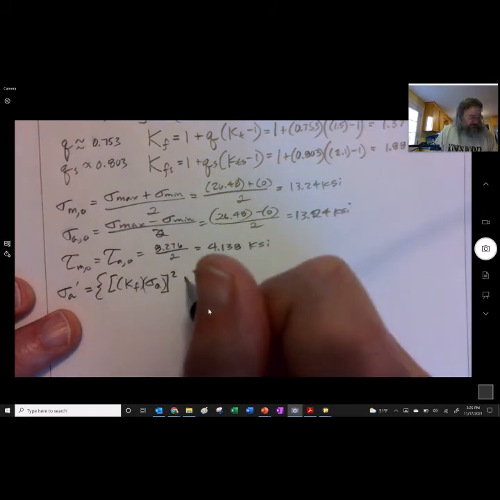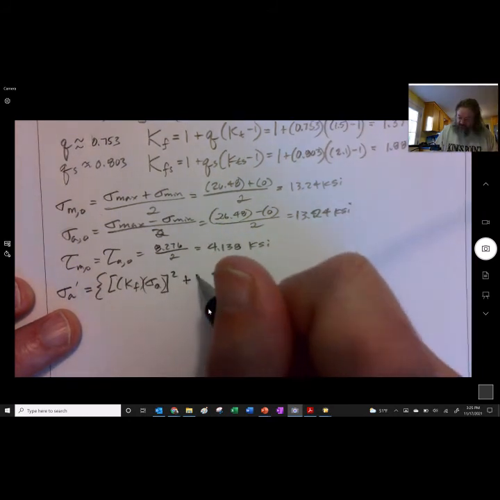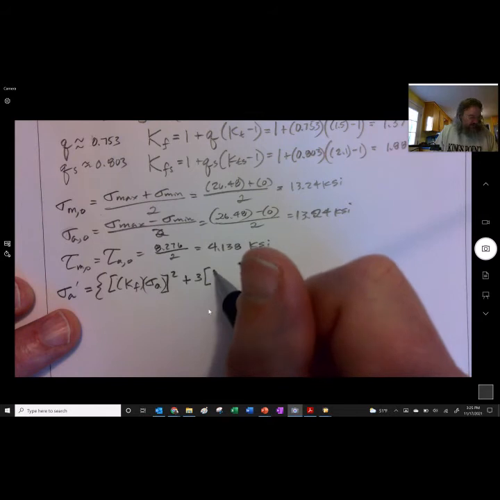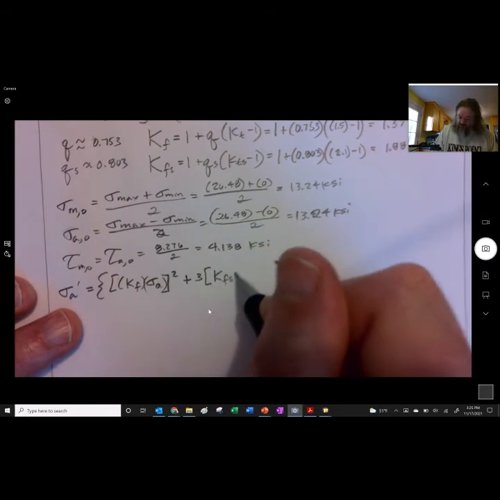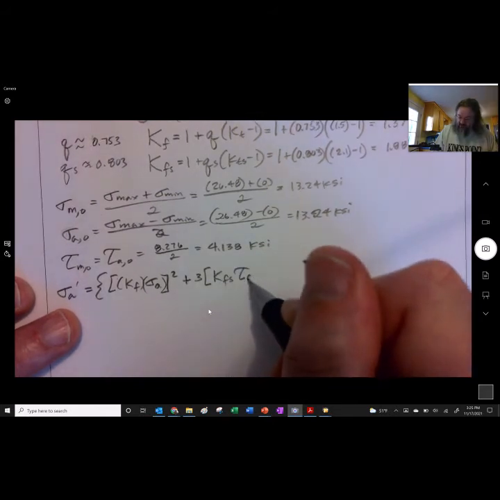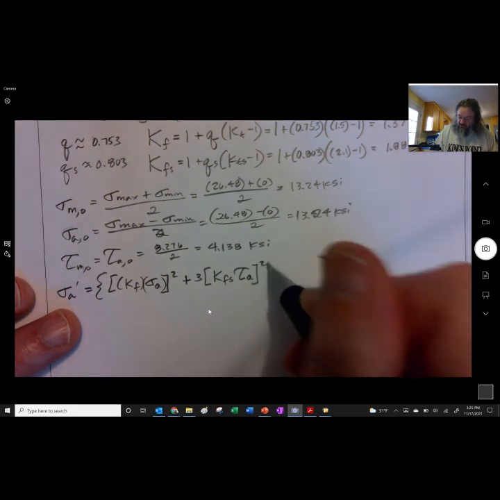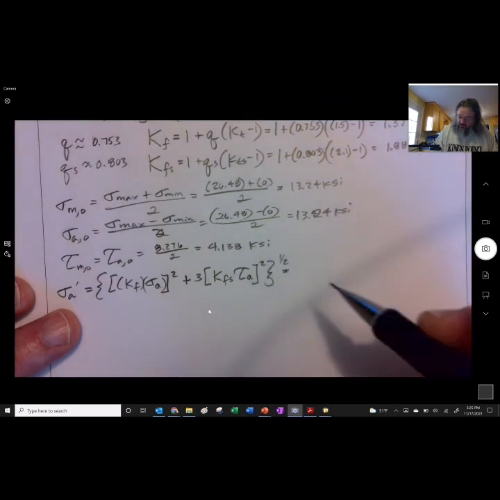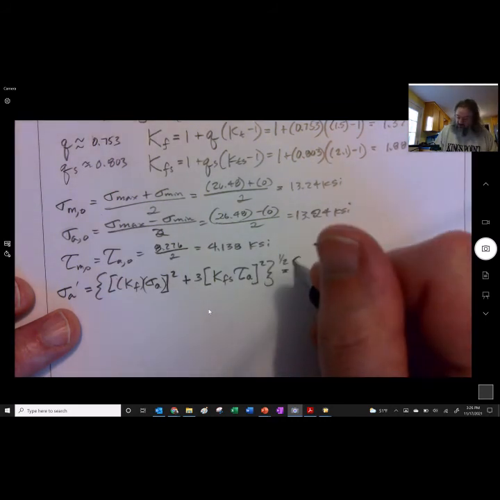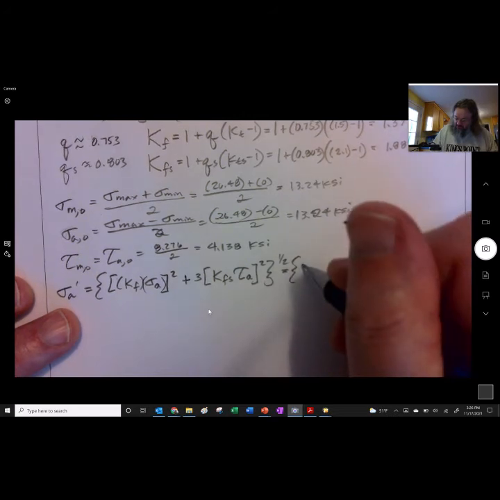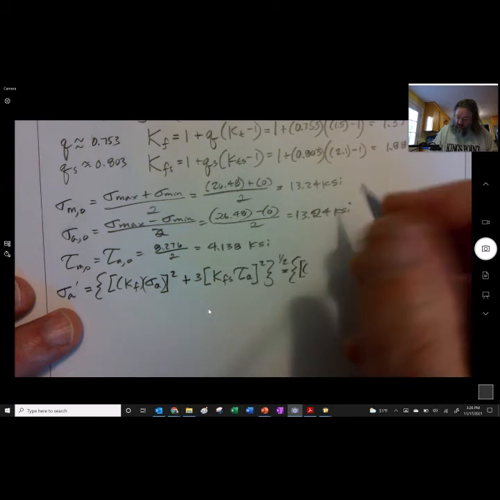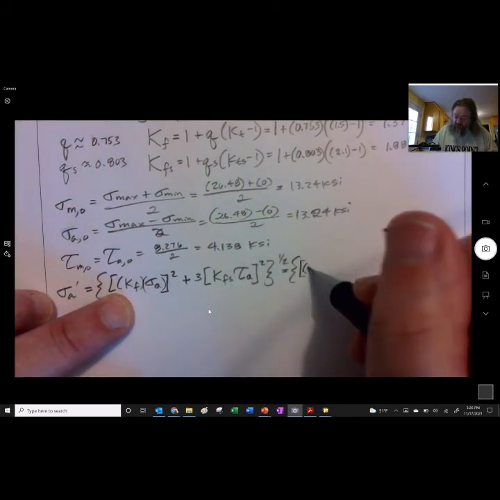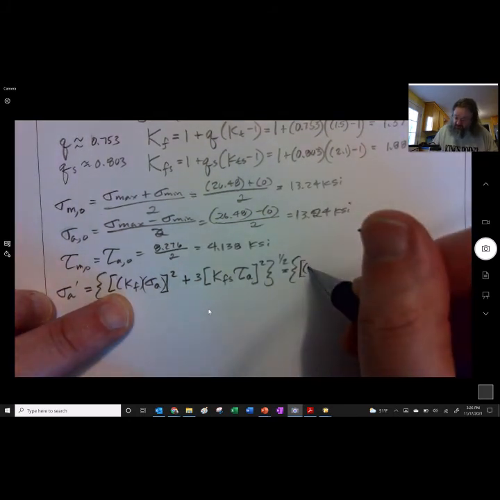Plus 3 times Kfs tau a squared, to the 1/2. So just plug in the numbers. Now I can put the things in there because I'm going to put numbers. I like to have the parentheses around numbers. I don't know if you noticed that.